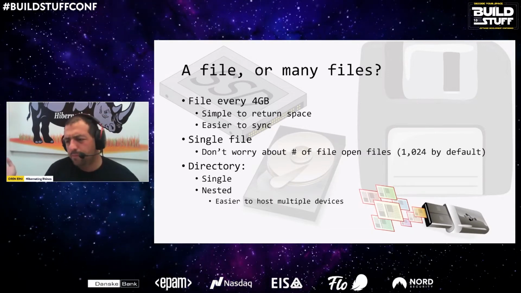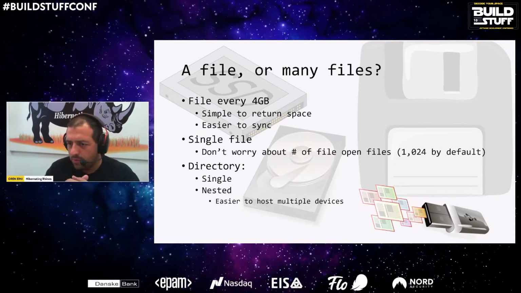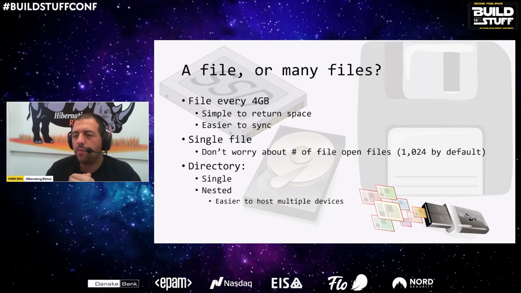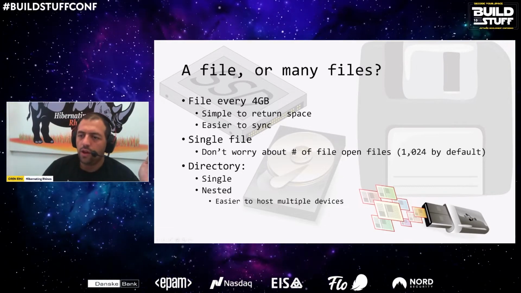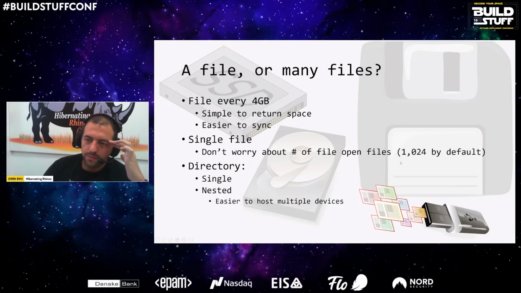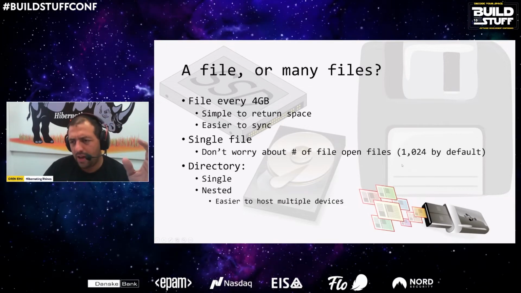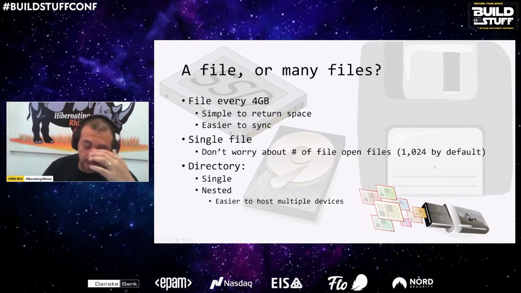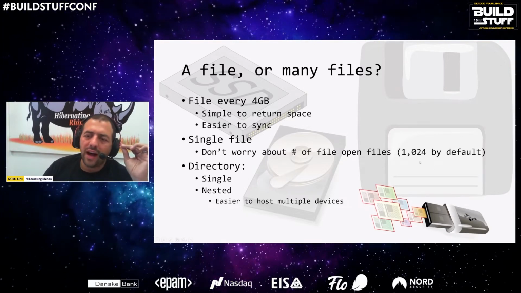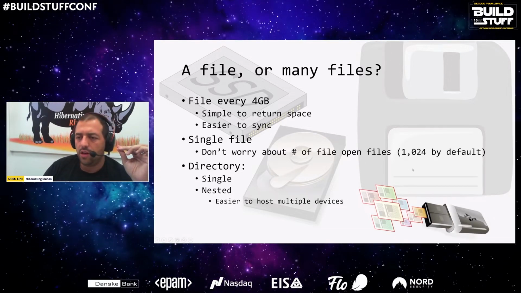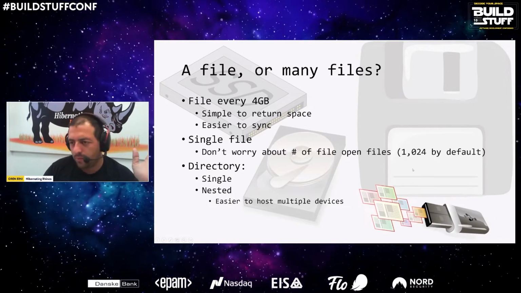Now, that is an interesting problem because, okay, I have a 4 TB database. Probably I can afford to have the admin raise that limit. But this is something that you have to be aware of, because when you start running into this issue, it would probably be a critical error.